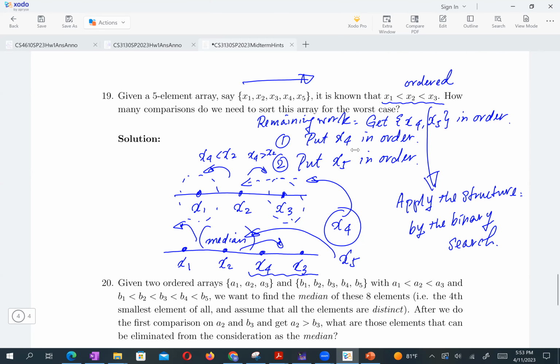So use the steps I put here and use the binary search thinking, not formula thinking. The procedure that we use in the binary search. All right, so that's this hint.